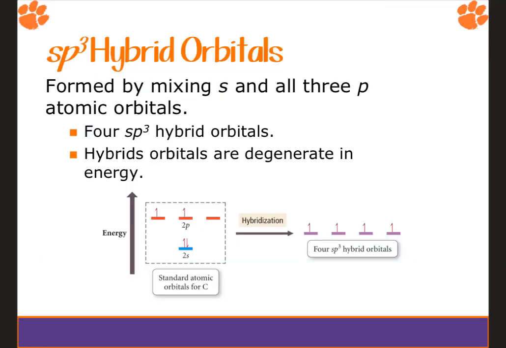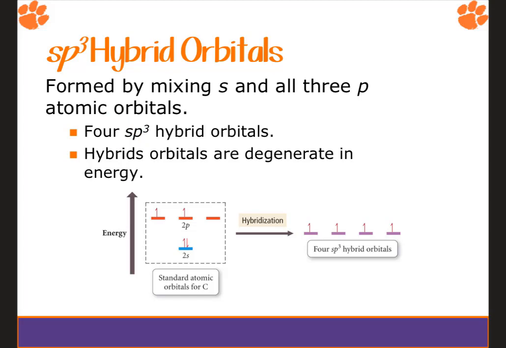So the first type of hybrid orbital we're going to talk about is the sp3 hybrid orbital. It is formed by mixing your s orbital and all 3 of your p atomic orbitals. So you get the 1 s and the 3 p's, and together they make a total of 4 sp3 hybrid orbitals. And just a quick reminder, to count the total number of atomic orbitals that make up the hybrid orbital, you just add together the superscripts. So there's 1 s orbital, because there's no superscript, and 3 p's; 1 plus 3 gives you 4.